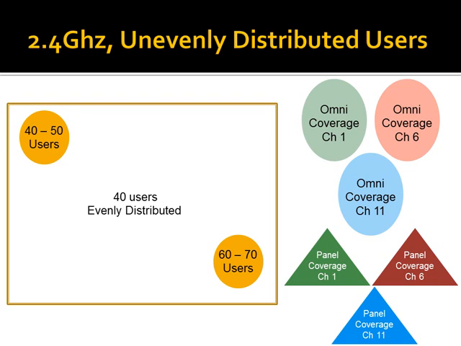And as a corollary to that, what design choices affect coverage area? Okay. And then finally, what antenna will be used for each AP and why.